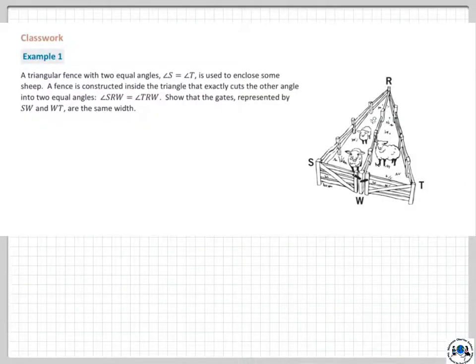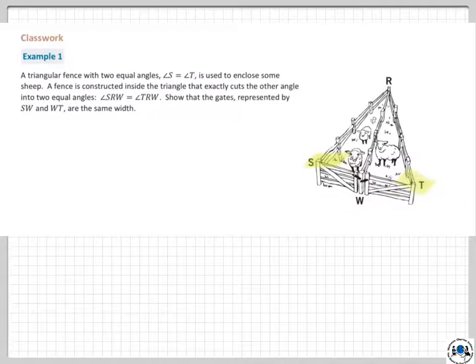Example 1: a triangular fence with two equal angles, angle S and angle T, there and there, is used to enclose some sheep.